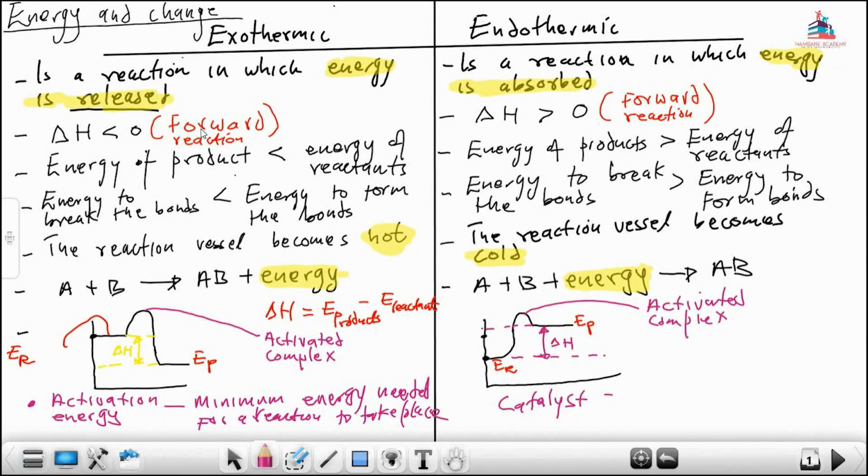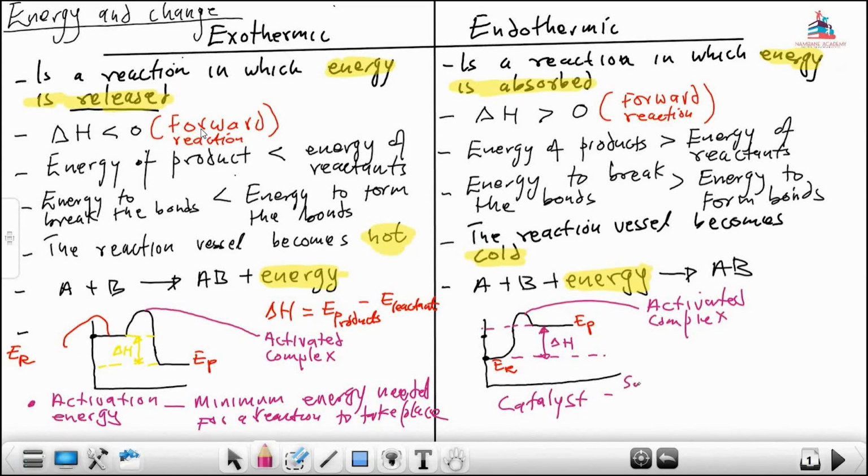A catalyst is a substance that increases the rate of reaction by lowering the activation energy. It basically that.